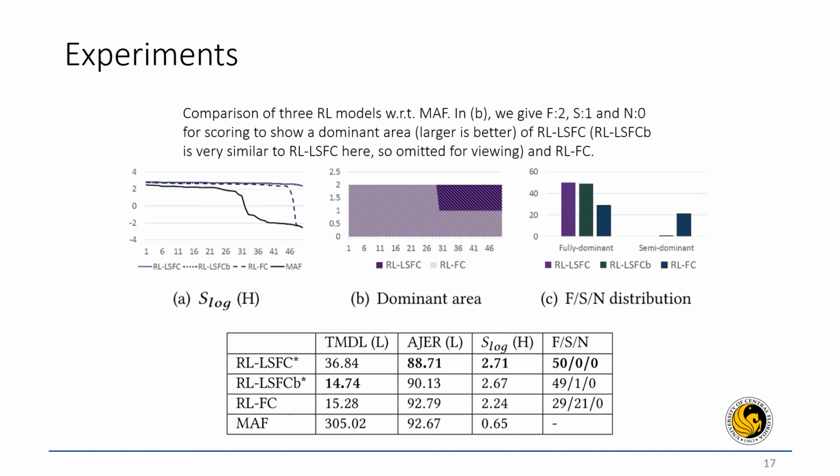Meanwhile, LSFCB could surpass the FC model in all aspects, but its balancing in objectives causes a hit in the S-log score compared to the LSFC and promotes the LSFC model as the best performing model here. The good thing is our approach grants the freedom to choose either of our two models per user preference.